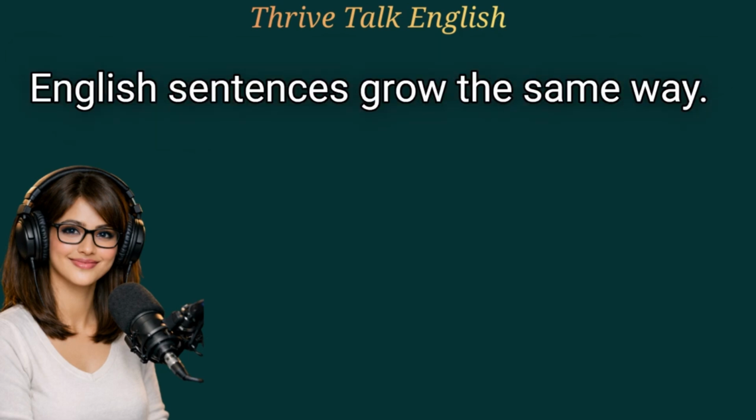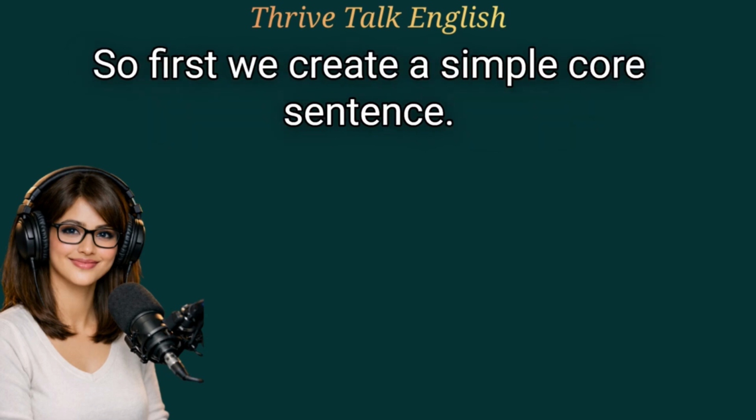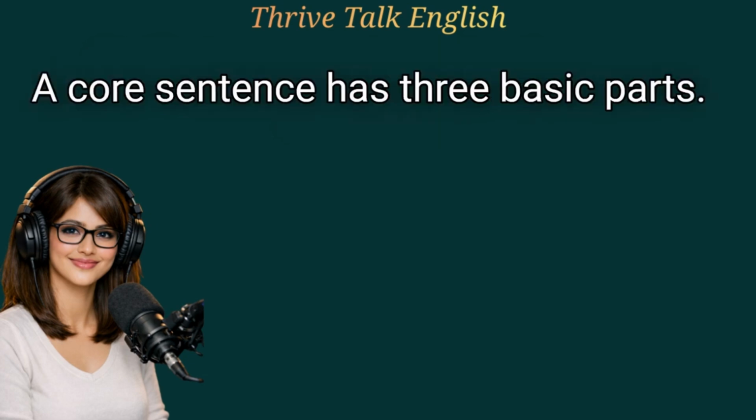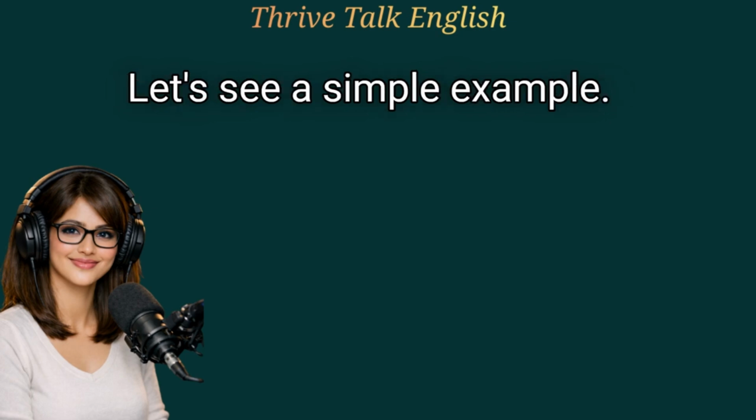English sentences grow the same way. They start small and then we add information step by step. So first we create a simple core sentence. A core sentence has 3 basic parts: subject plus verb plus information.